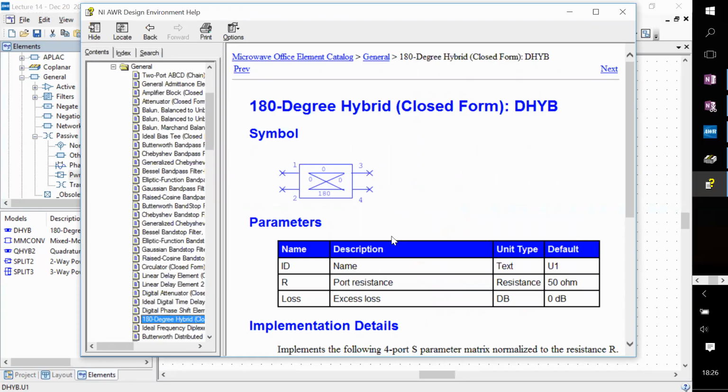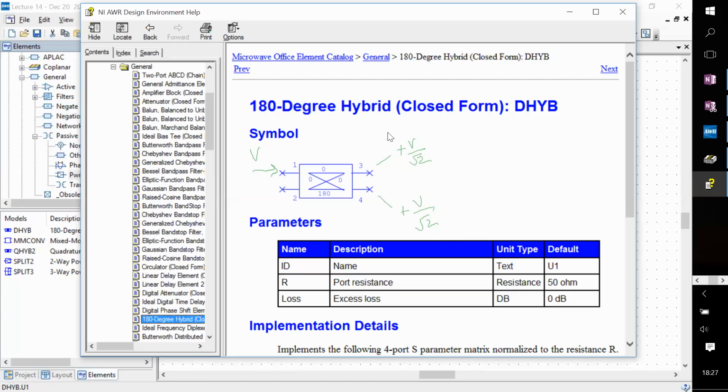But essentially, this is a kind of power splitter where if you send in a signal from port 1, it will split equally into port 3 and 4, but with the same phase. So, which means that if I send a voltage V, this will be plus V over root 2, and this will be plus V over root 2.